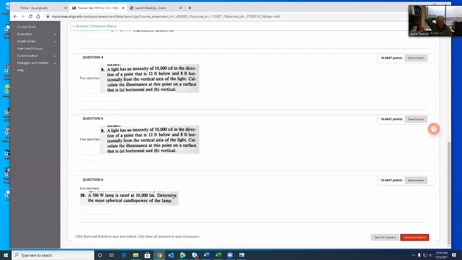Finally, the last one, 500 watt rated 10,000 lumens. Determine the mean spherical candle power of the lamp. So we have, well, maybe just the division, no? 10,000 divided by 500, what is that? 20?